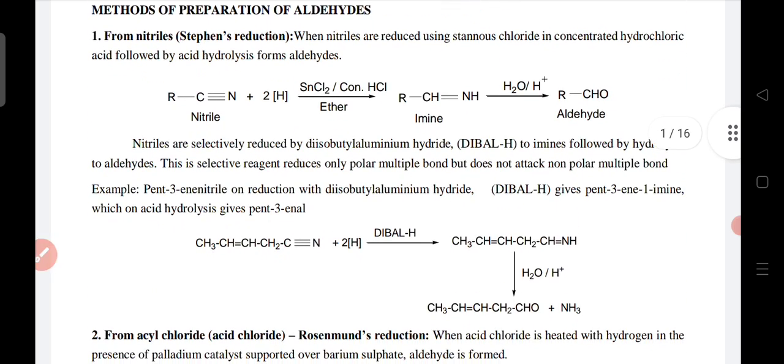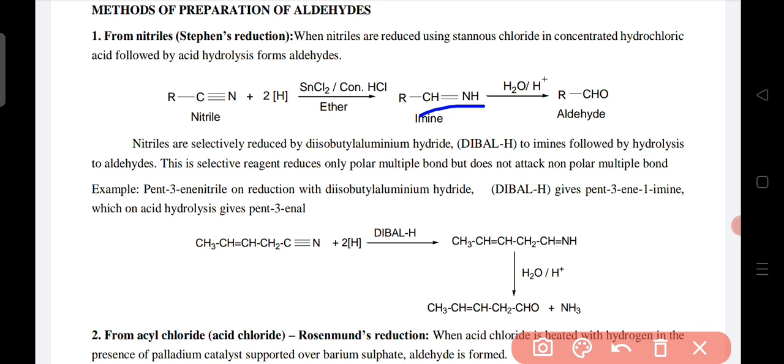Coming to the methods of preparation of aldehydes, the first one is from nitriles. It is called Stephen's reduction, in which nitriles are reduced using stannous chloride in concentrated HCl. It forms imines, where there is a carbon double bond N. Acid hydrolysis then forms aldehydes.